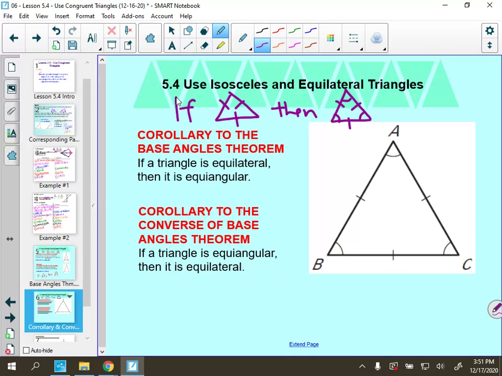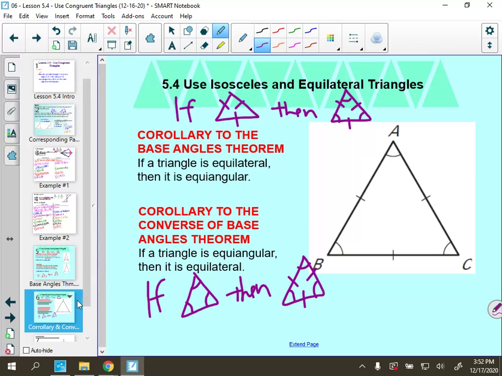And then the converse works just the other way. If all I know about a triangle is that it's equiangular, I actually know more than that, because if it's equiangular, that triangle has to also be equilateral. So the takeaway is that every equilateral triangle is also equiangular, and vice versa. Equiangular has to be equilateral. So that's the property of an equilateral triangle.